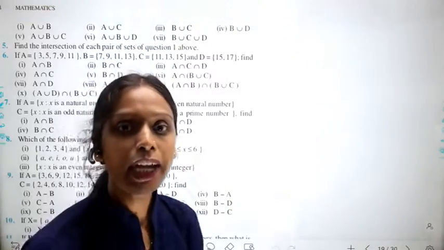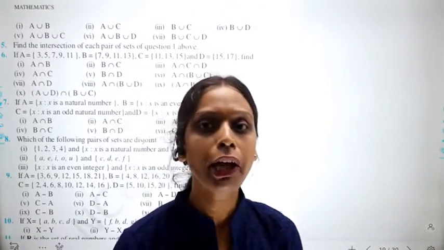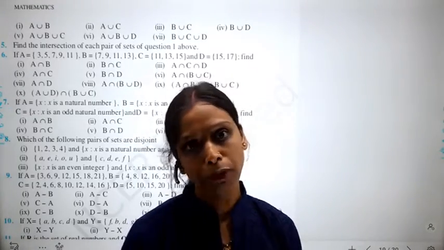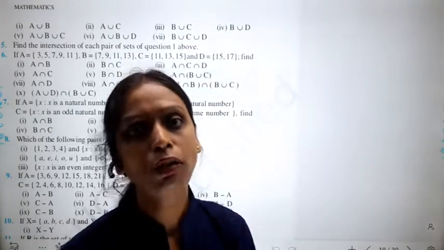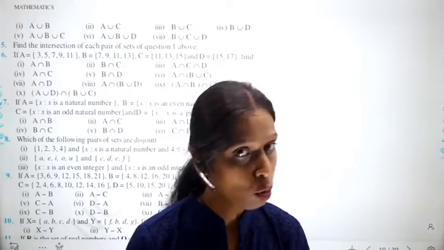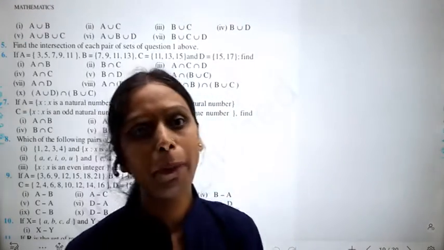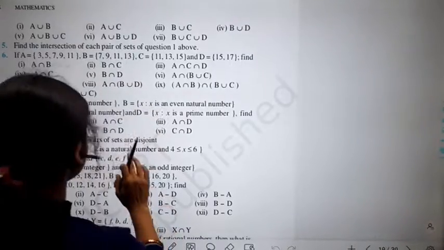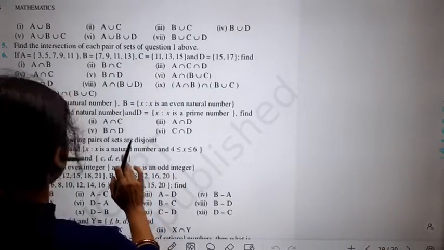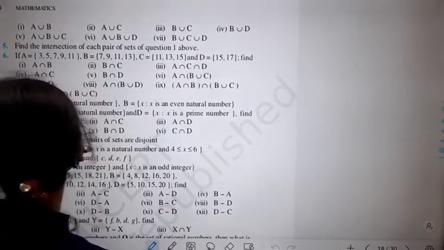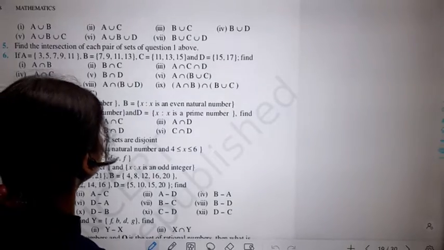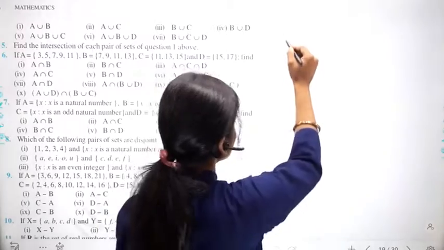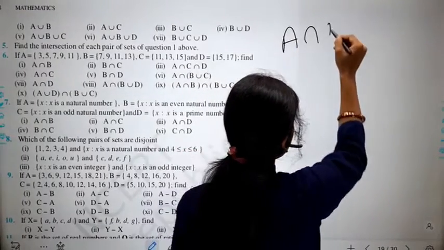I have already given you a notion about union and intersection and how we find them. You know it very well. That's why you do practice at home; without practice, you can't understand this well. Now the next one is: find the intersection of each pair. What is the concept of intersection?